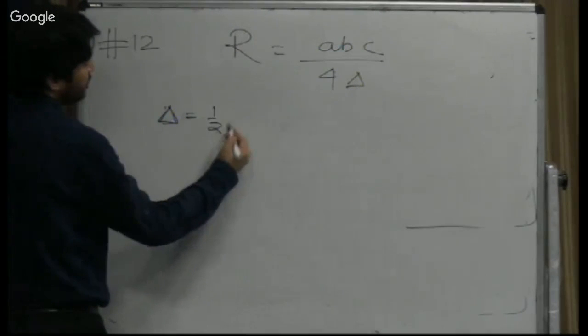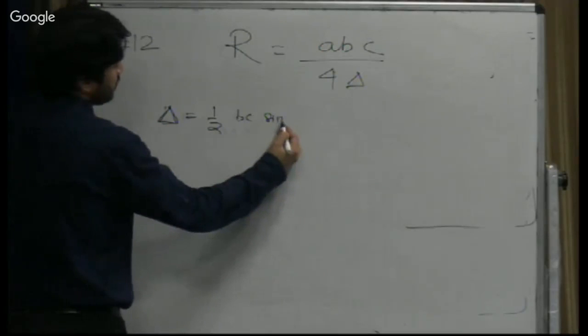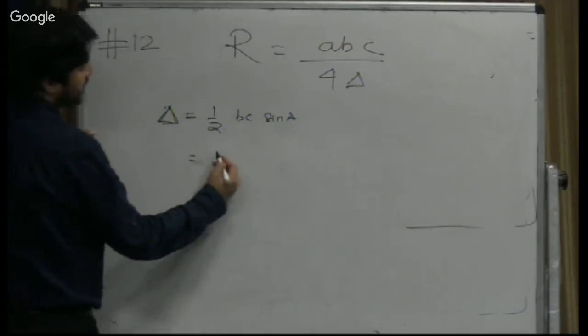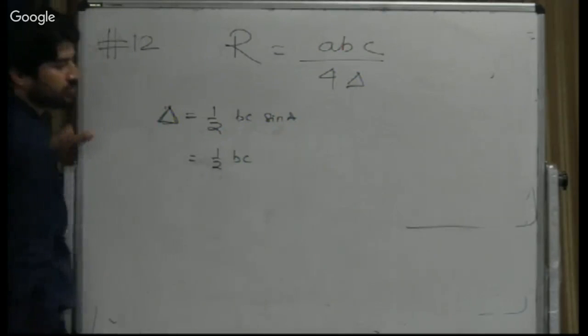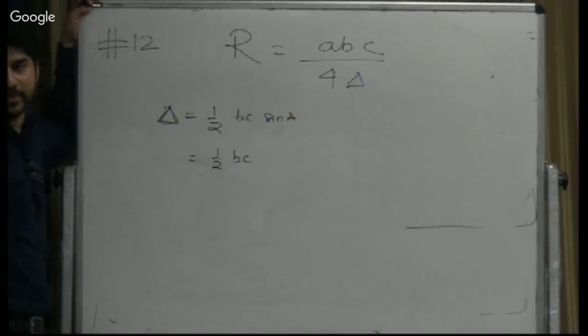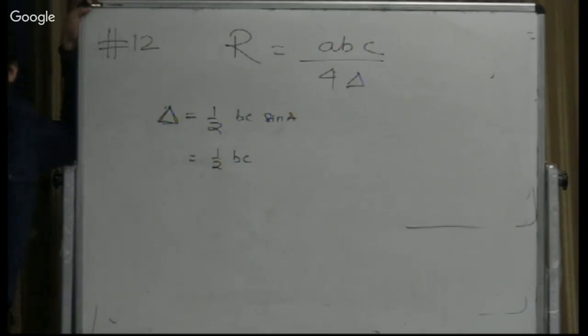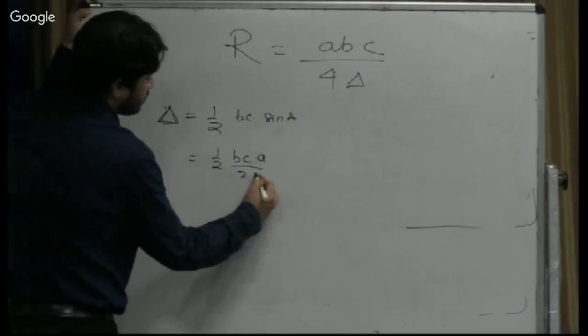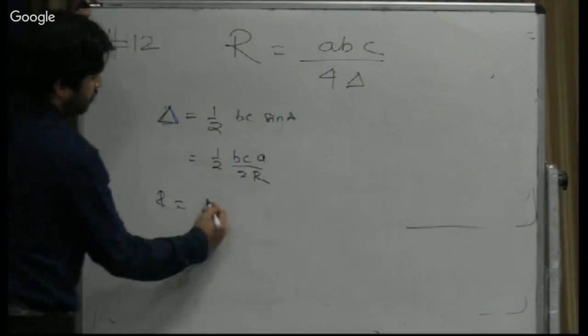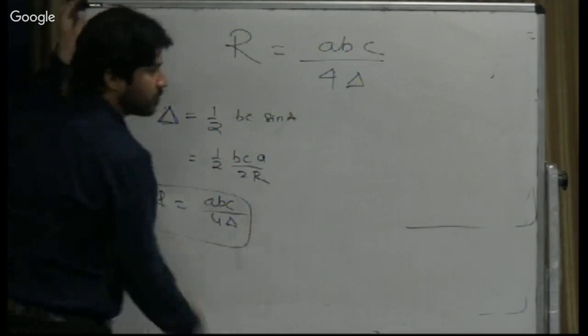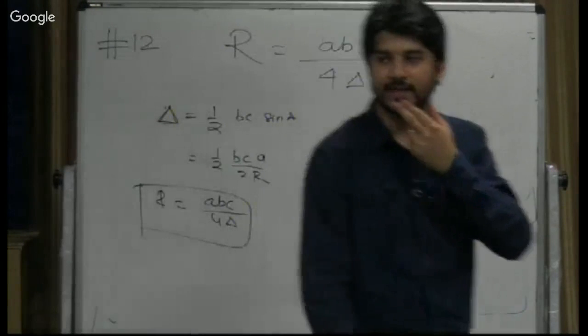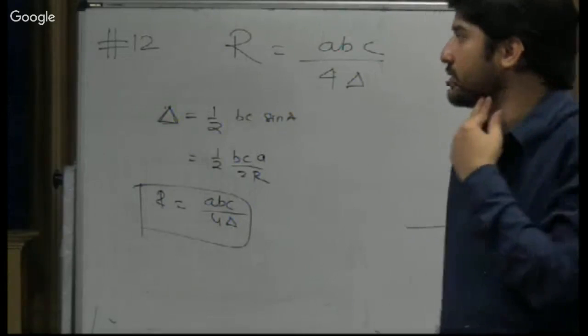Delta is half b c sine A, which you can easily write as, a is basically 2r sine A, so sine A is a by 2r. Done. Right? Clear or not clear?